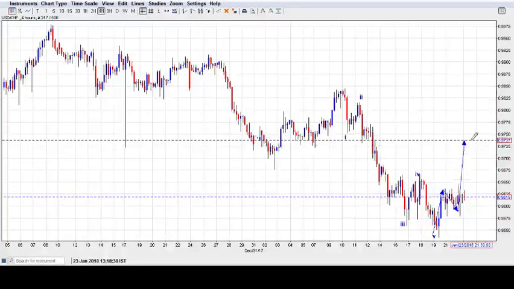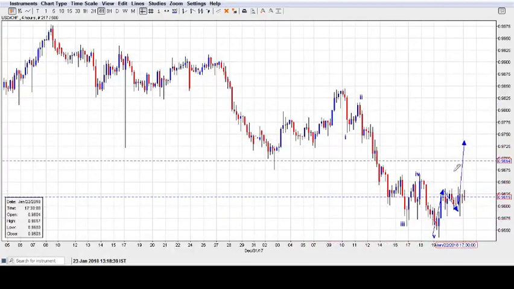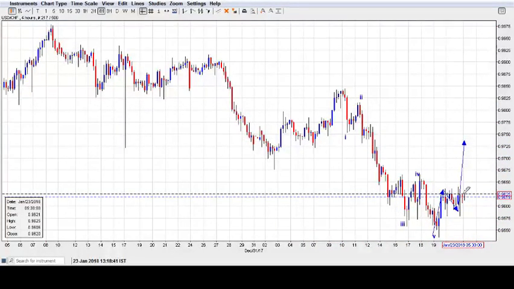At least we can expect a 3-wave rally towards the 97.50 handle.